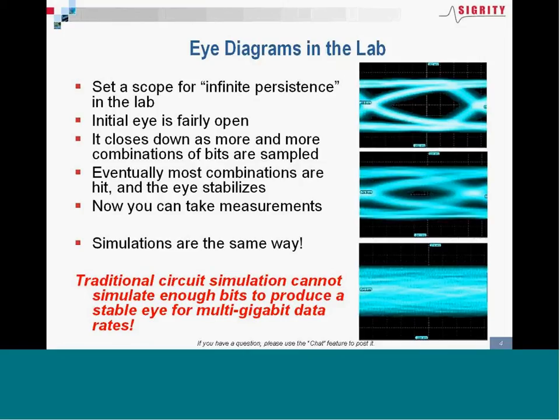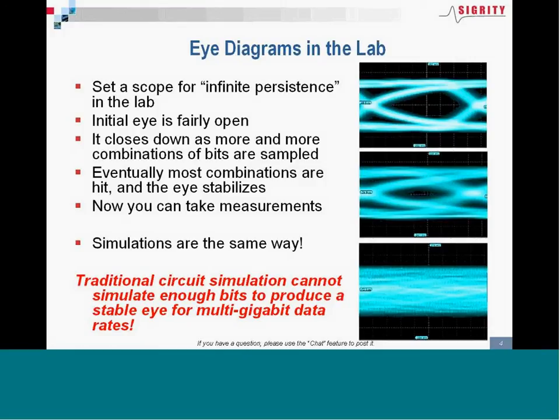And when it stabilizes and stops, you can then take reliable measurements and look at the eye height and the jitter and so forth. Simulations are exactly the same way. You simply have to run enough traffic through these links, get enough samples in order to get a mature eye diagram. And if you don't simulate enough bits, you can get potentially a very optimistic result.